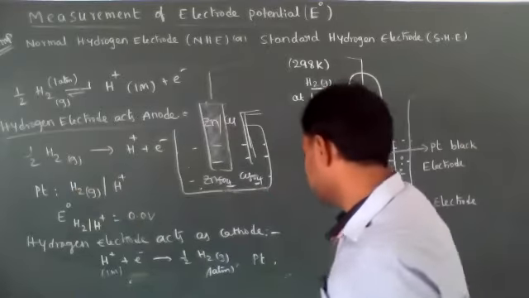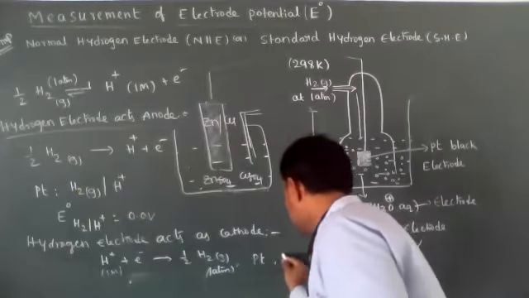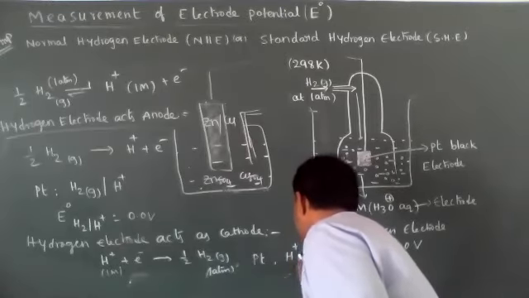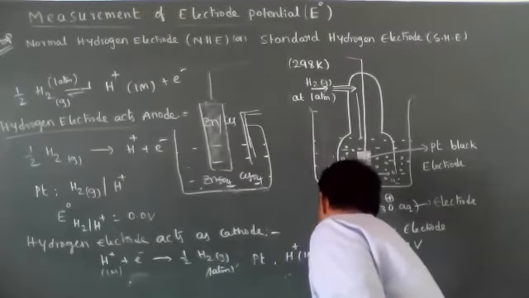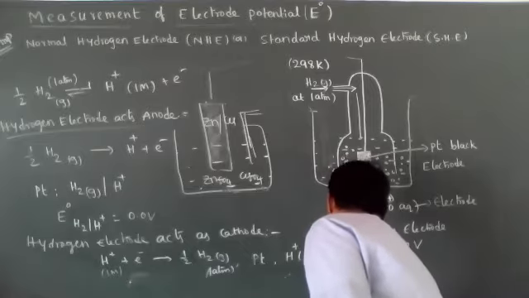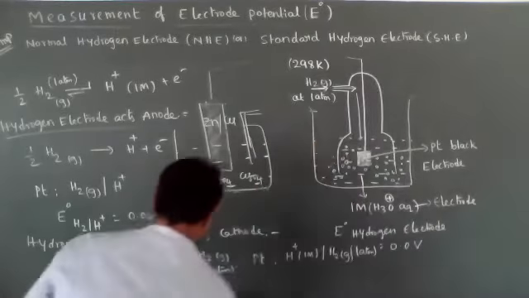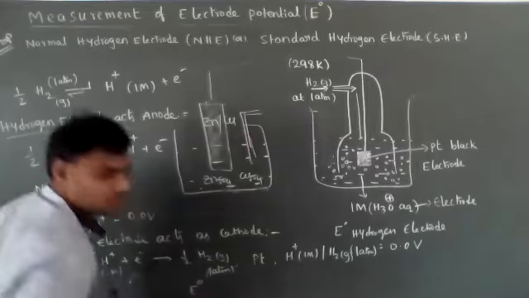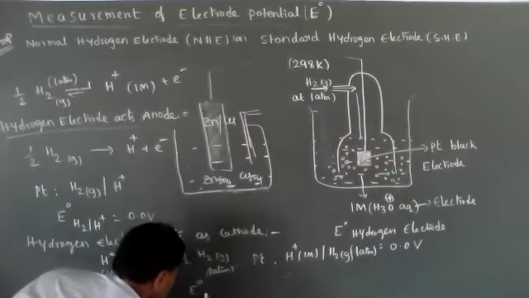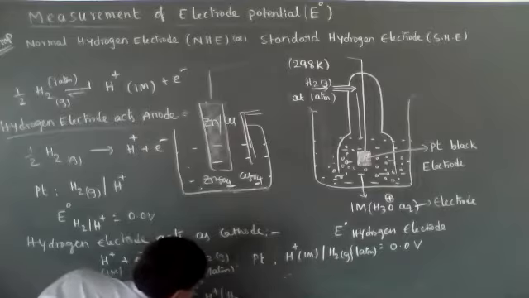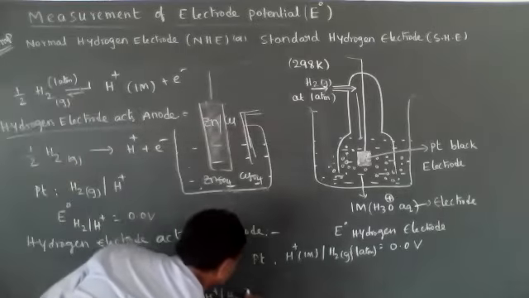Now in that case, its half cell representation is platinum, H+ 1 molar by H2 gas, 1 atmosphere pressure. In this case, its electrode potential is equal to 0.0.